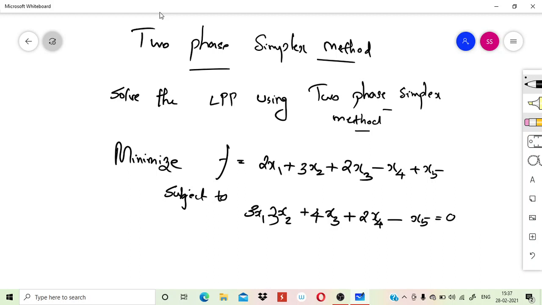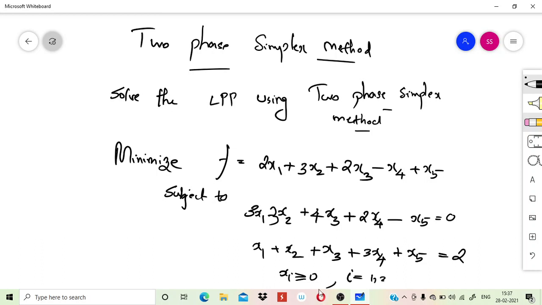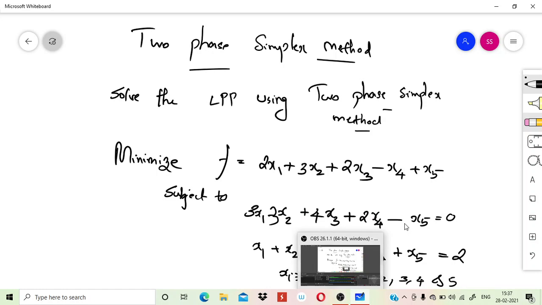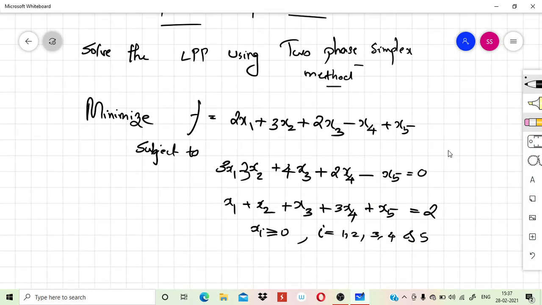And the second linear constraint is x1 plus x2 plus x3 plus 3x4 plus x5 equal to 2, and xi greater than or equal to 0, i varies from 1, 2, 3, 4 and 5. Okay, so this is our problem.